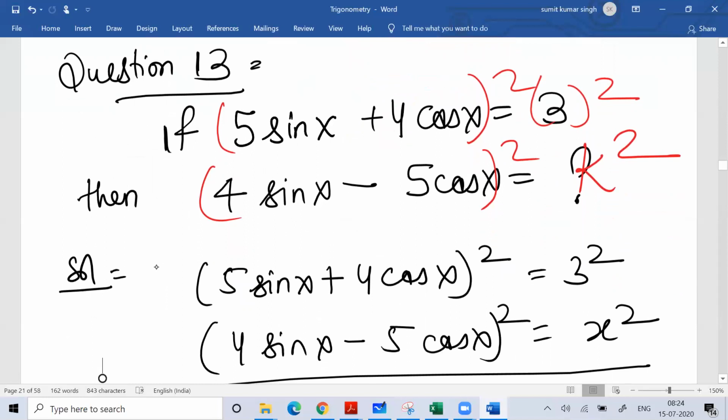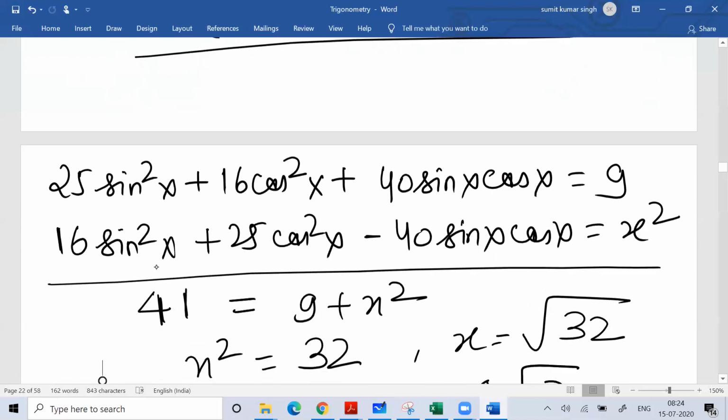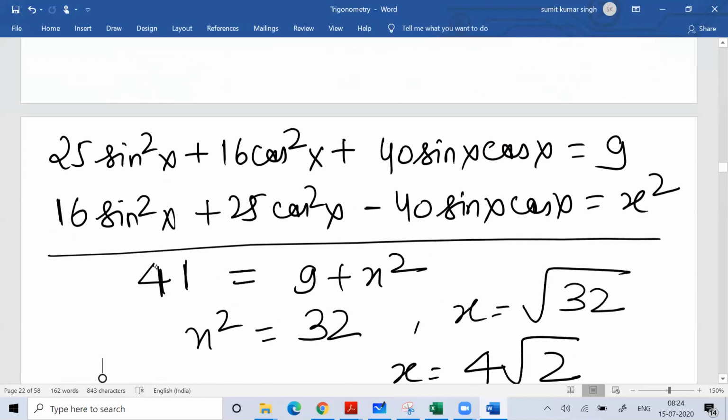Then add them. You know that sin square theta plus cos square theta is 1. So then ultimately you get the value of k. The value you get is root 32.